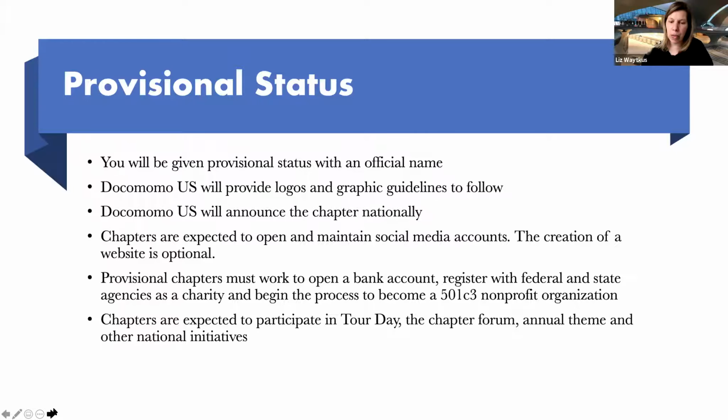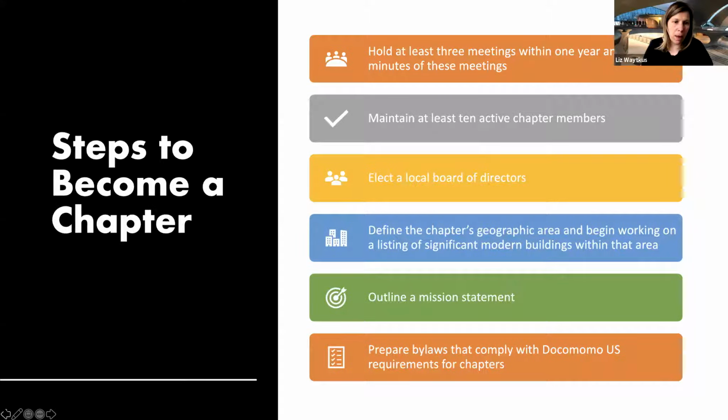We also do that during our own chapter meeting. And then participating in our annual theme and other national initiatives. So that's really what it takes. Hopefully that outline was fairly clear.